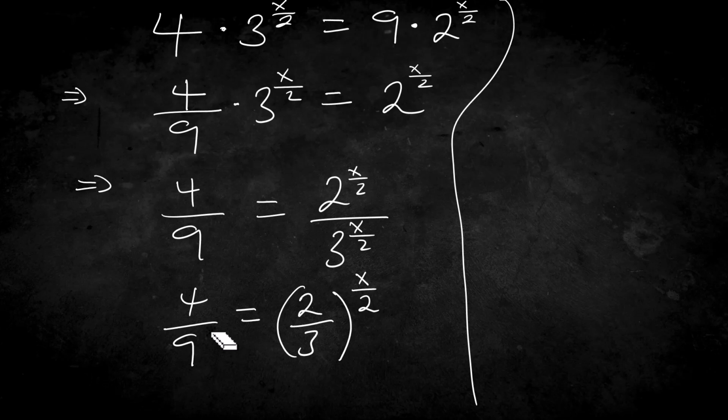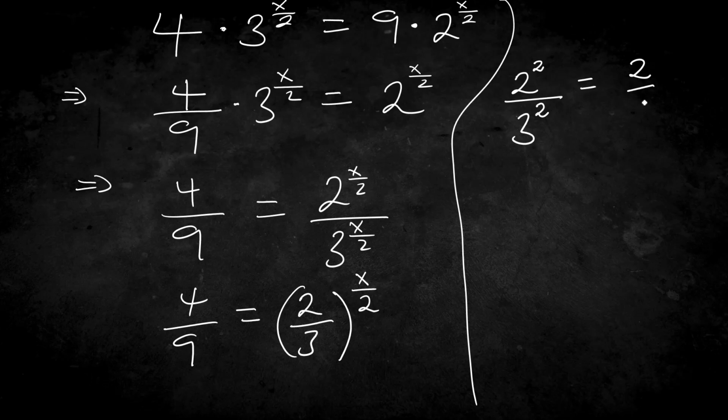All right, now let's observe the left hand side. Now we have 2 here, we have 3 here. Can we do the same to this? Yes. Now 4 is the same as 2 squared, and 9 is the same as 3 squared.